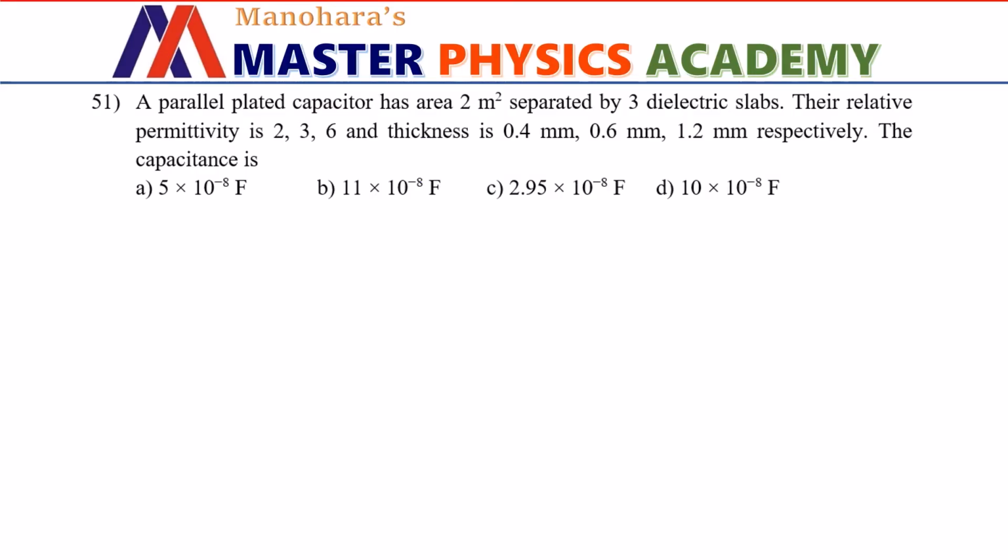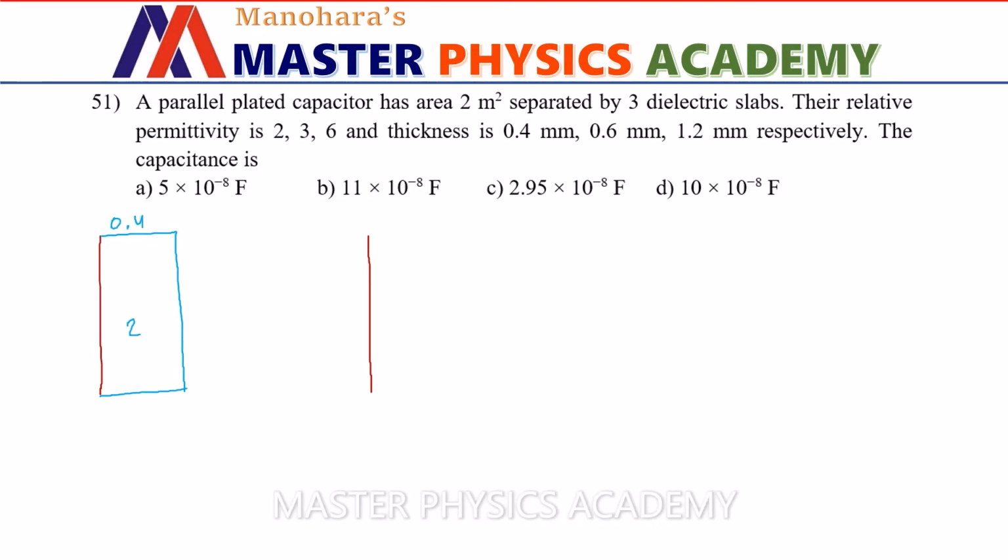A parallel plate capacitor has area 2 meter squared and is separated by 3 dielectric slabs. Their relative permittivity is 2, 3, 6 and thickness is 0.4 mm, 0.6 mm, 1.2 mm respectively. The capacitance is? Here there are 3 segments in between 2 plates. The first segment is of thickness 0.4 mm and its dielectric constant is 2.